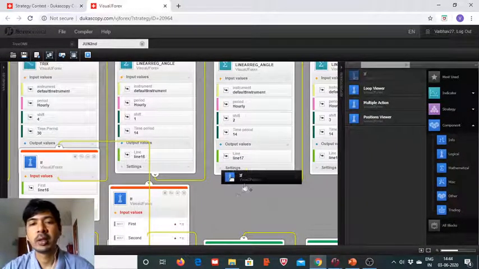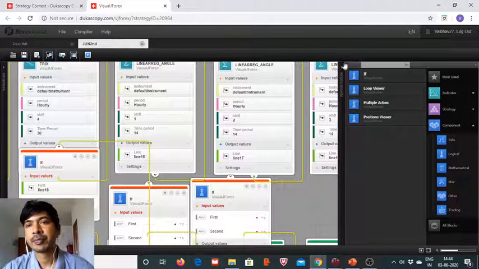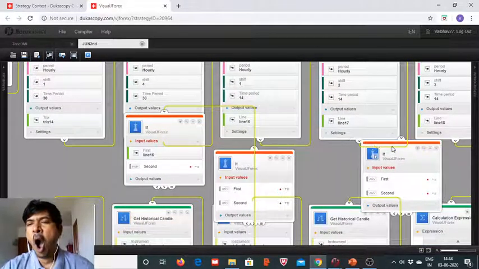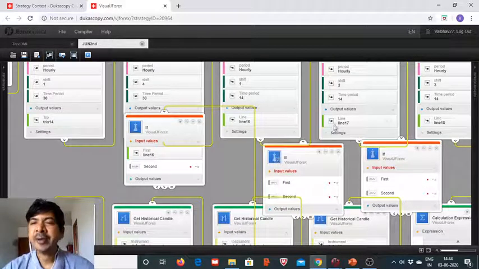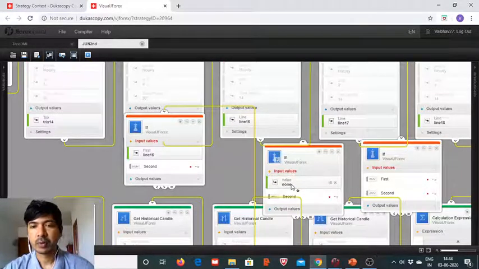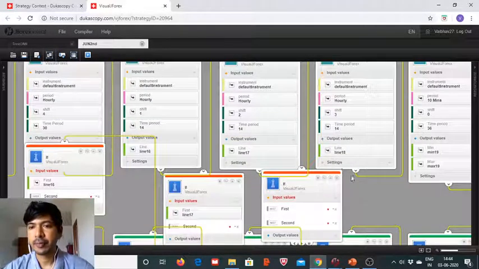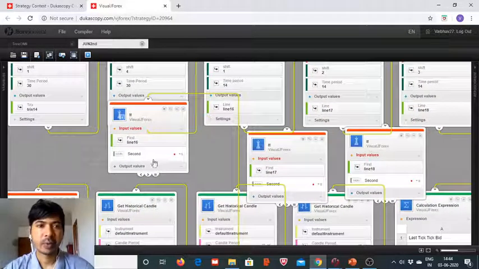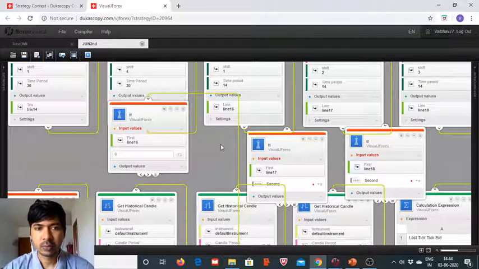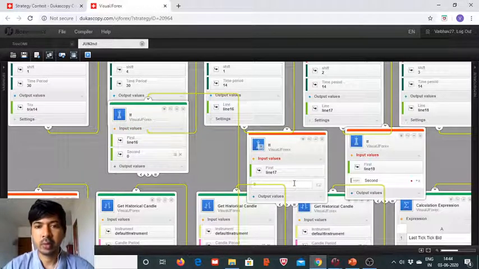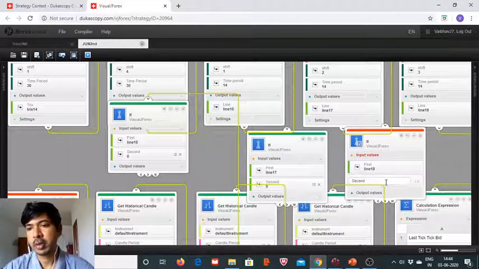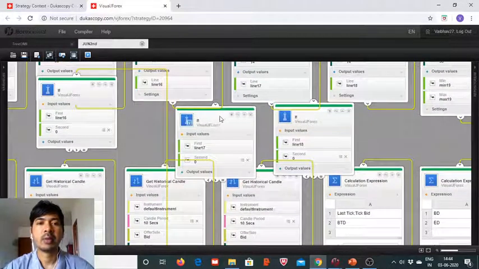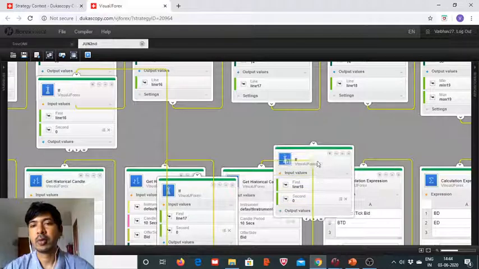So here we take line 17 and line 18. We make it 0, again 0, and here also again we need to compare it to 0, and it should be below 0.